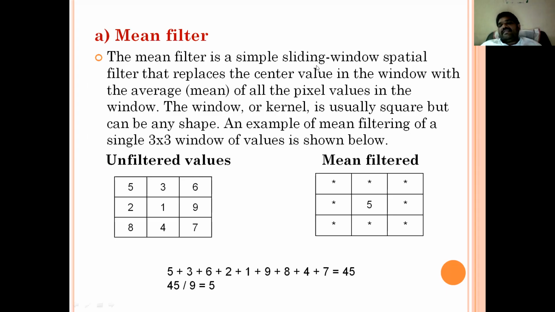The mean filter is a simple sliding window spatial filter that replaces the center value in the window with an average of all the pixel values in the window. We have already discussed this, so I'm explaining a little bit fast, since you already know it and have corrected random noise.